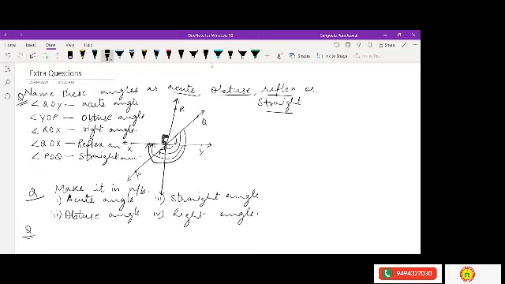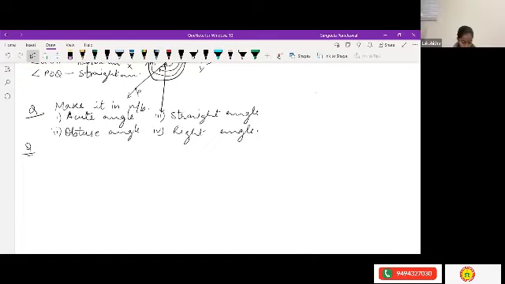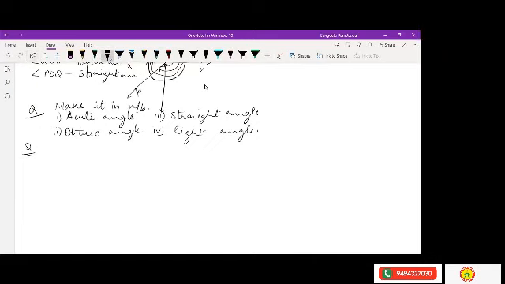And you have to write which angle it is. If you're making acute, then write acute. If you're making obtuse, then write obtuse. Just a rough sketch. Do that by the time I'm writing another question.